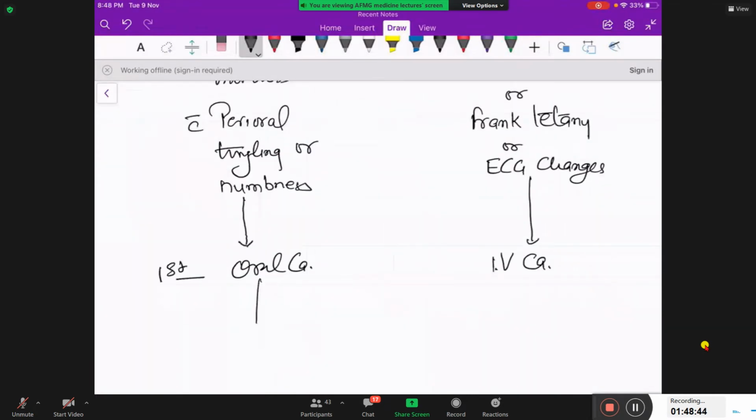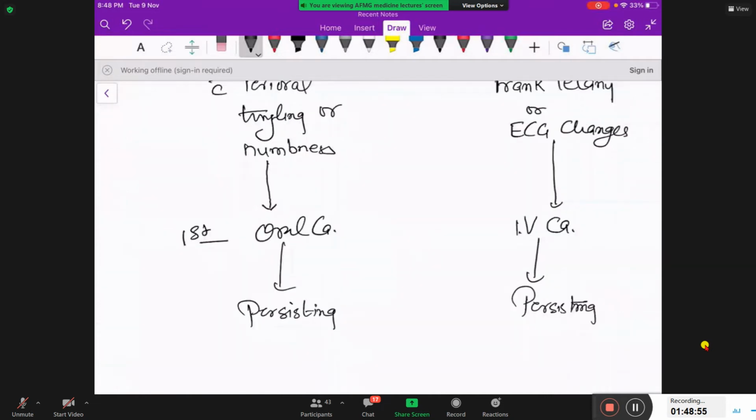And after this, in both scenarios, if the hypocalcemia is persisting, then we may need to add vitamin D, and sometimes magnesium also. This is how we go about hypocalcemia.